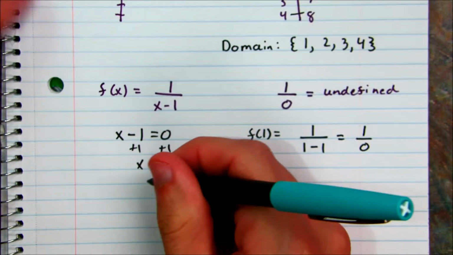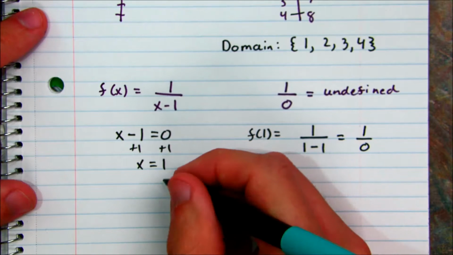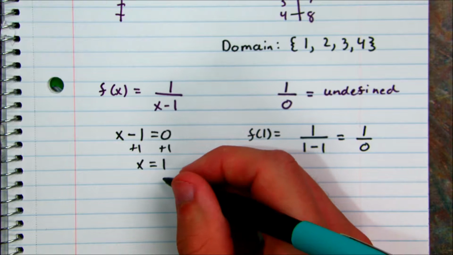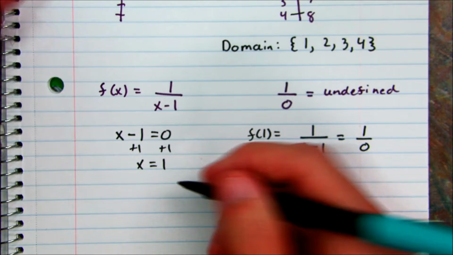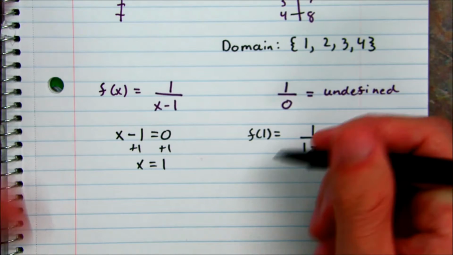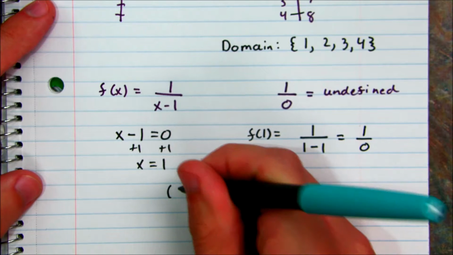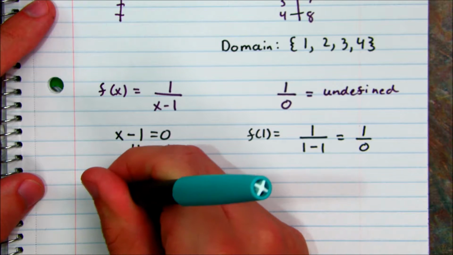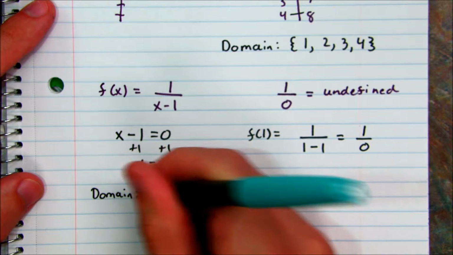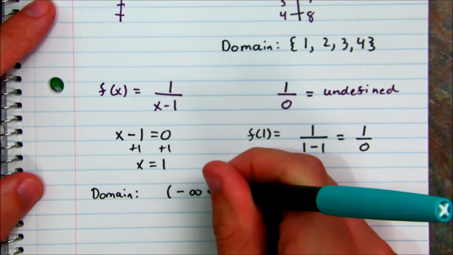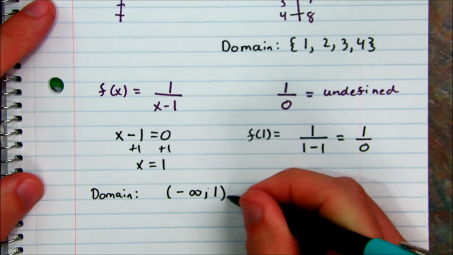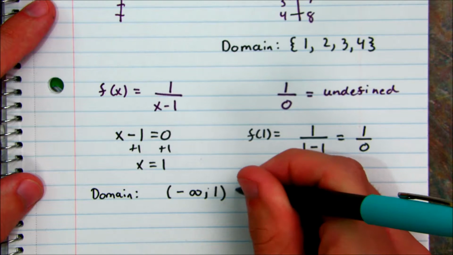There are two ways you can write it. You could write it using interval notation or the standard real numbers. I'm going to write this in interval notation. So what I'm going to say is that my domain goes from negative infinity to 1 with a parenthesis because we're not including 1.